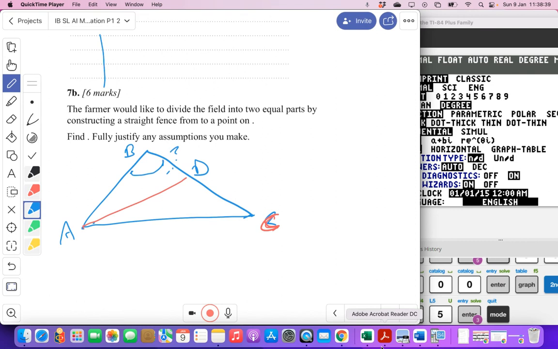I know this length down here is 110. So if I want to find the opposite angle, and I know this angle is 55, I need to find that opposite length, don't I?